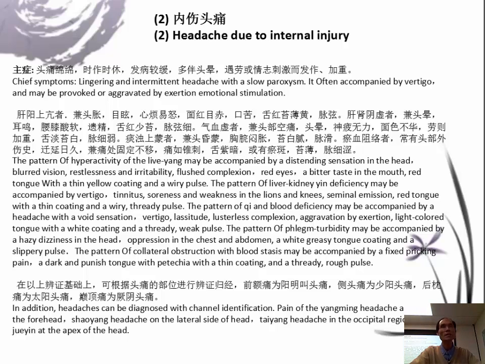Besides a headache here, you also feel listlessness. What is listlessness? That means no spirit. When you get up in the morning, you're not willing to do anything, right? And the face, of course, has a pale complexion. The most important thing is when you do a little bit of housework, you feel really exhausted, because you have qi deficiency.